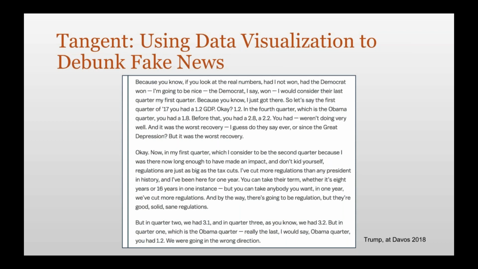There are relevant numbers referenced. Obviously it's hard to follow, but there are specific stats that he's talking about. He's looking at GDP in the quarters that he was president, and comparing them to what was happening under Obama.